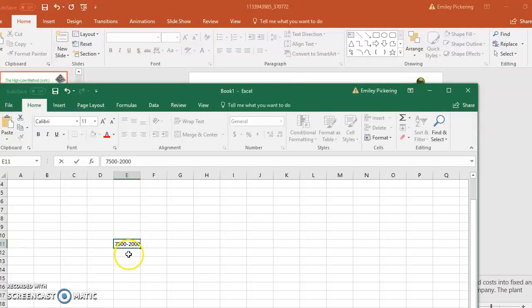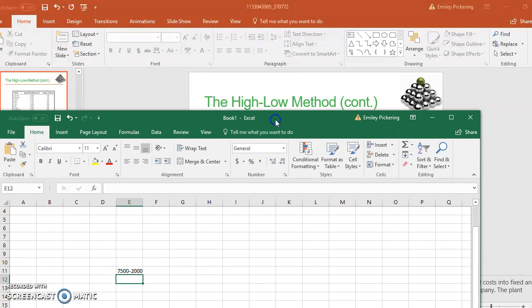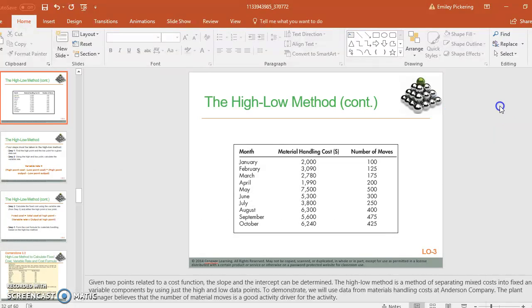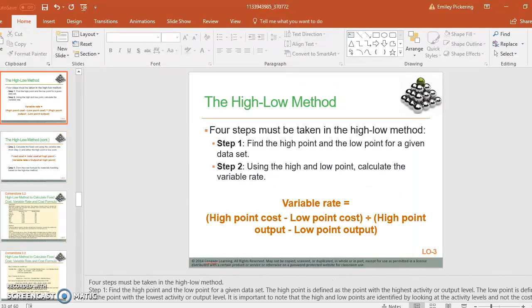And I'm going to divide that by the number. So 7,500 was associated with 500 minus, I think it was 100. So this is my fraction, and that's all that was trying to tell you in that very complicated PowerPoint here. Okay, so that's going to give you your variable rate.